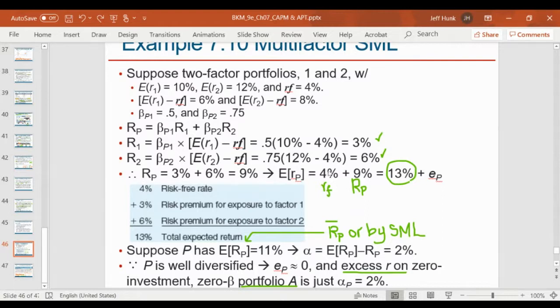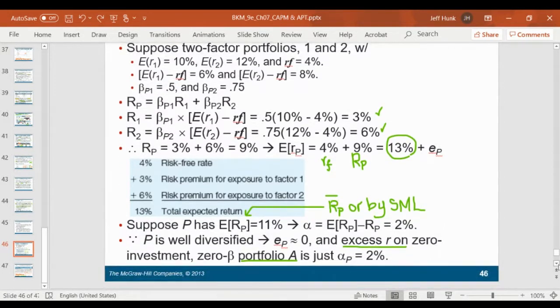If you move RF to the other side, then this is just the expected return on the portfolio, and it should be 13%. The expectation operator means that's the expected return. Expected, in other words, it's the forecast. And for every forecast, there will be a forecast error, right? Residual, right?